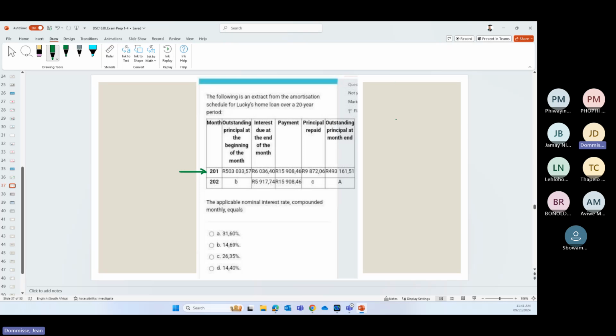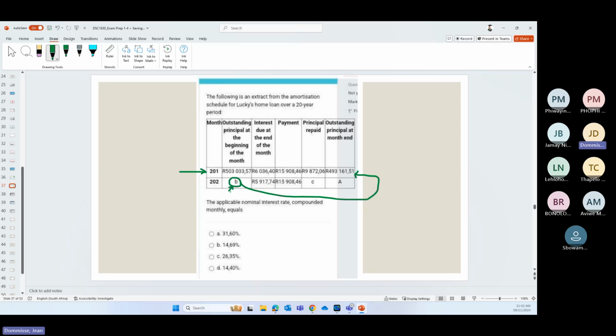Just one thing before we even get to part B: the outstanding is always linked to the previous one's outstanding. So at the end of the month, if that is your outstanding 493, that will be the outstanding amount when you start off.